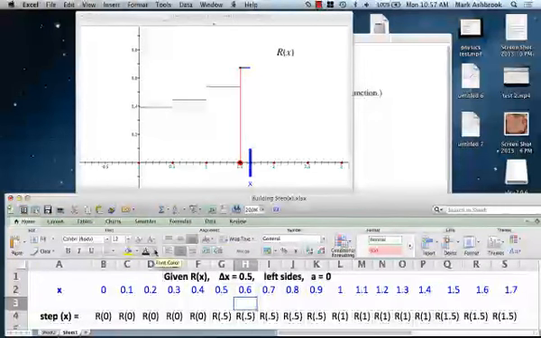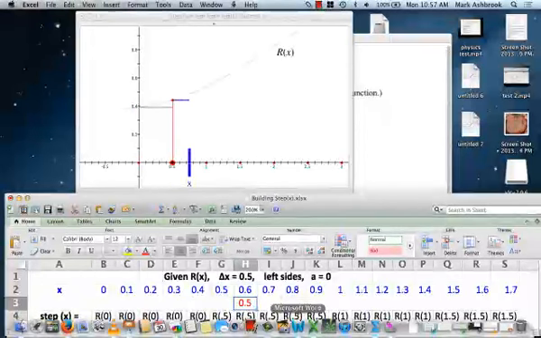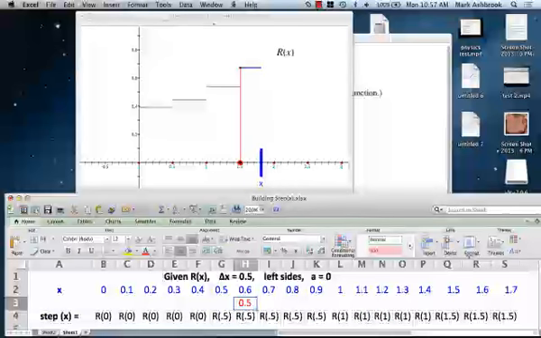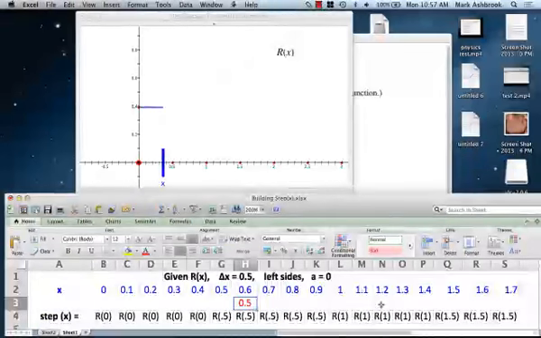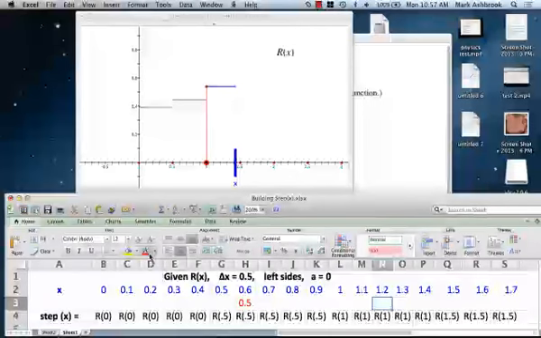I'll do red here because that was our dots, right? 0.5. And then for 1.2, what was the value that we plugged into R for the step function at 1.2? 1.